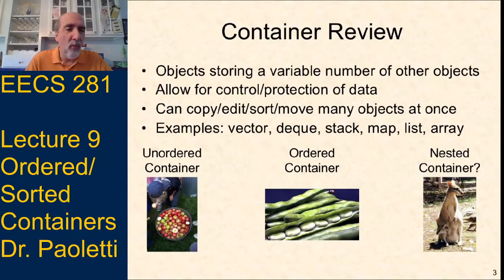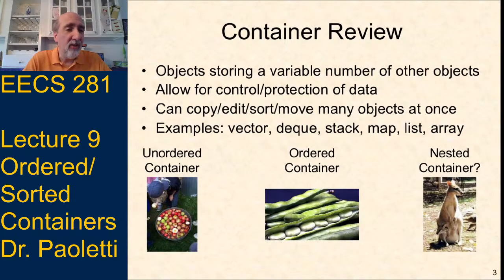We want to have our container types allow for some sort of control and possibly protection of data. Things like, say, a stack prevents us from modifying anything but the top of the stack. A priority queue lets us add anything we want, and it might become the top, it might not. It depends on the priority that we specify when we create the priority queue.